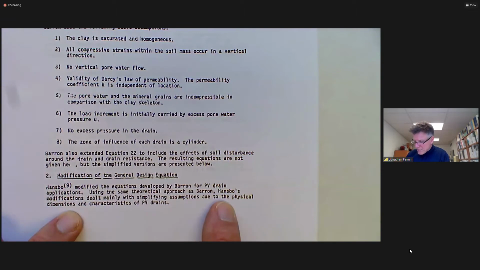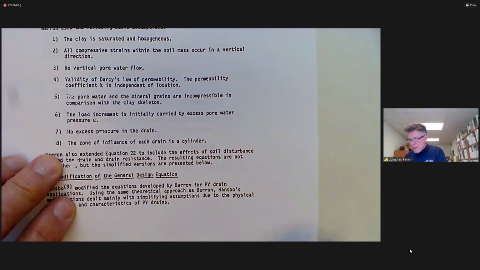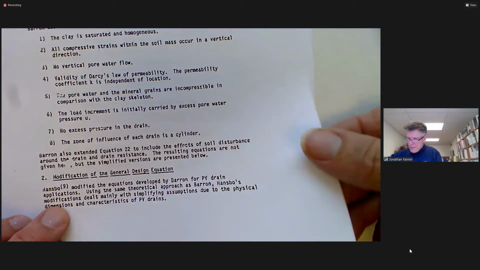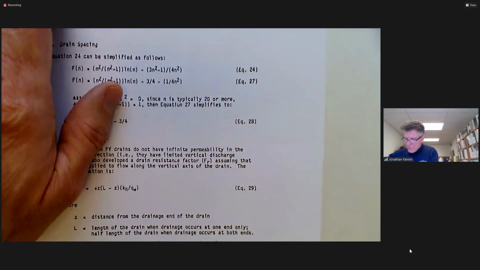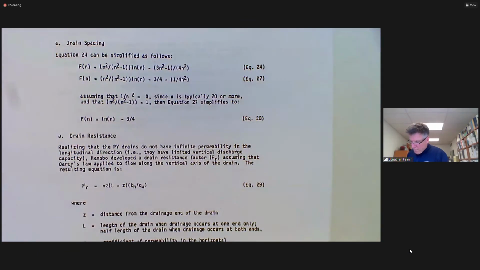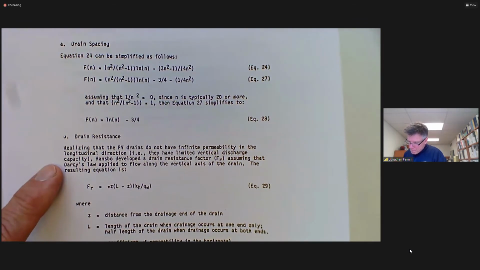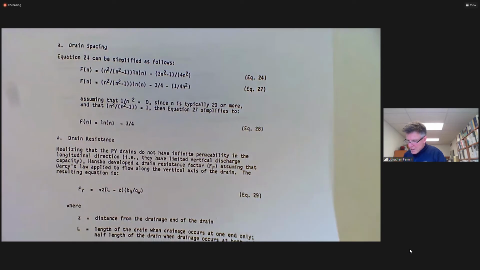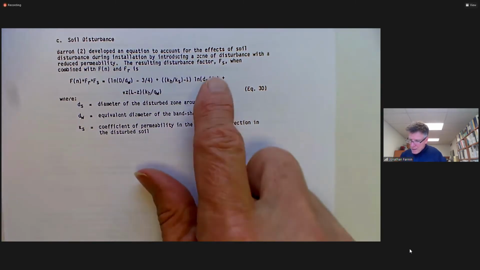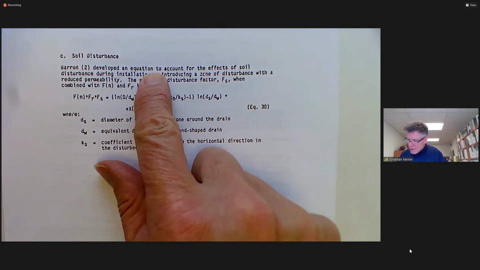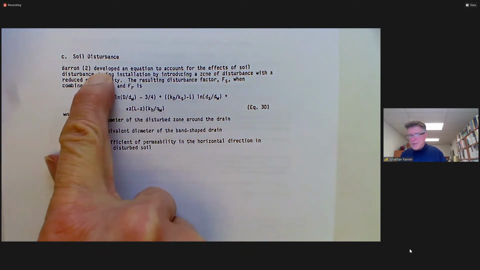some simplifying assumptions, okay? So everything that's following here, this is from Hansbo, and then we flip back to Barron over here.